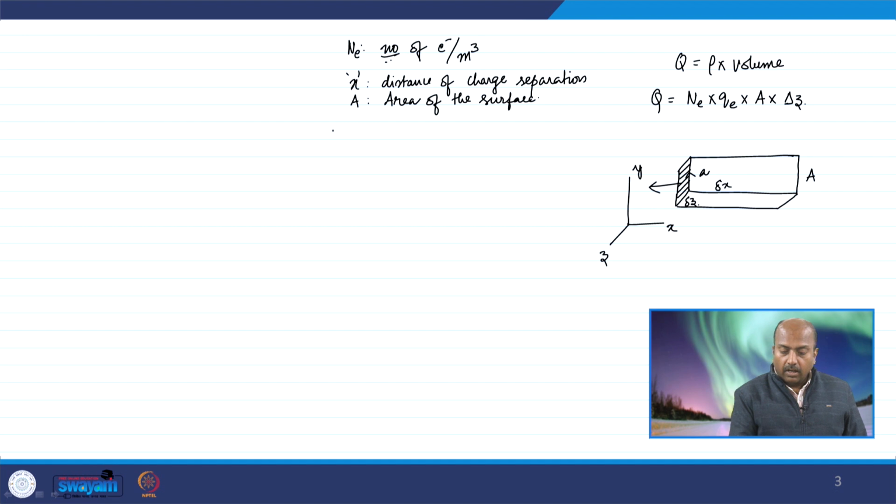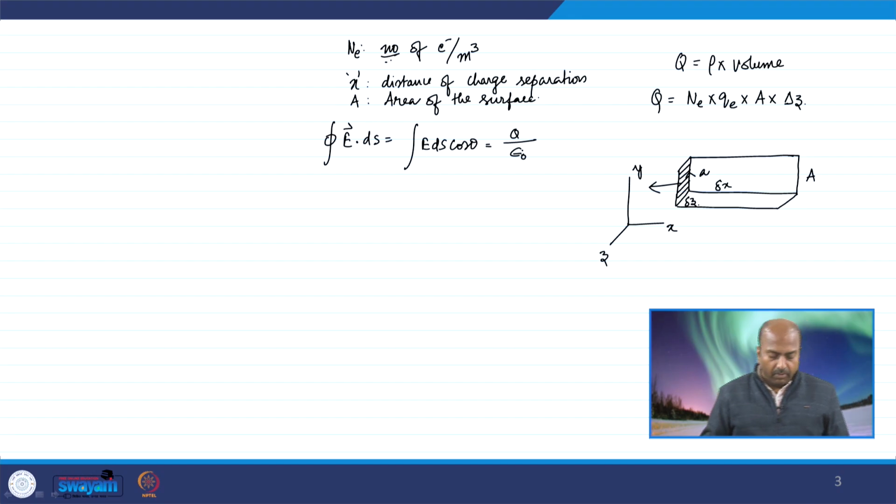So, we'll again bring back that integral form of the Gauss's law. Integral E dot ds is integral E ds cos theta equals Q by epsilon naught, the permittivity of free space.